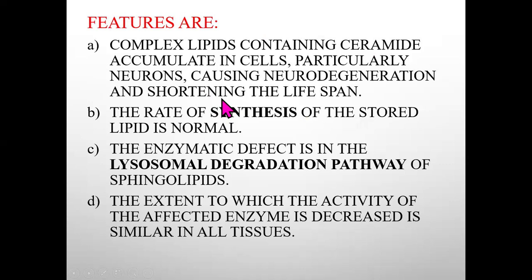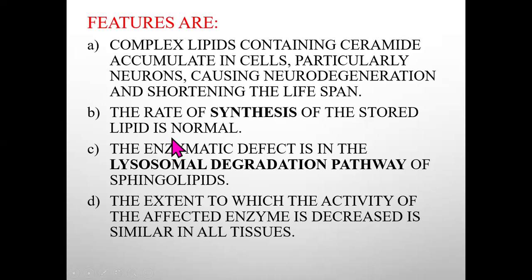Remember, neurodegenerative disorders. So this is actually contributing to that. You remember some of the examples of neurodegenerative disorders. We have Parkinson's disease and Alzheimer's disease, right? So you can relate that with this accumulation of complex lipids, ceramides, and in the neurons, it's causing the neurodegeneration.